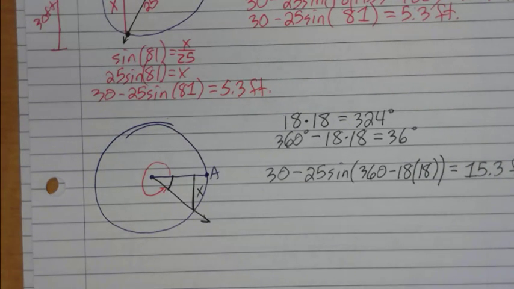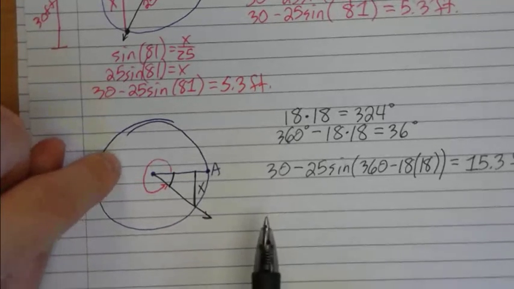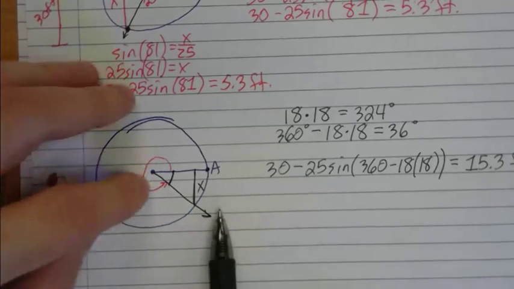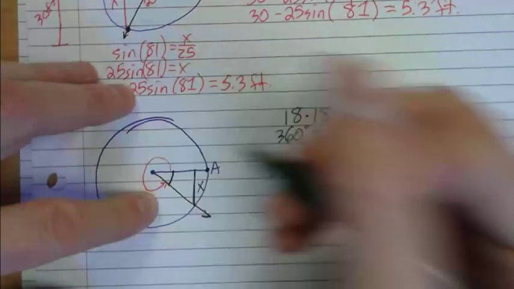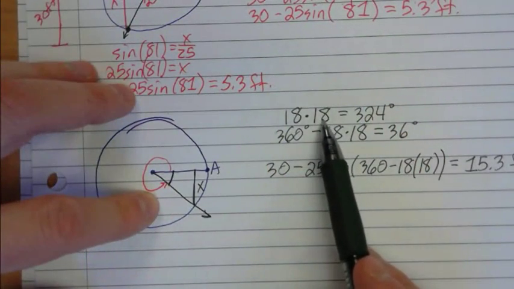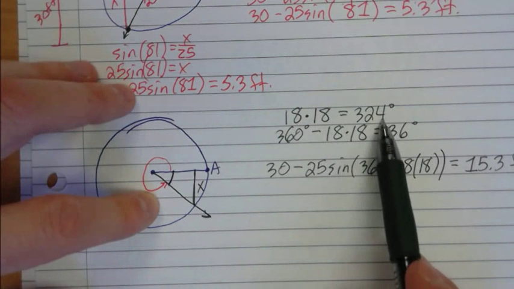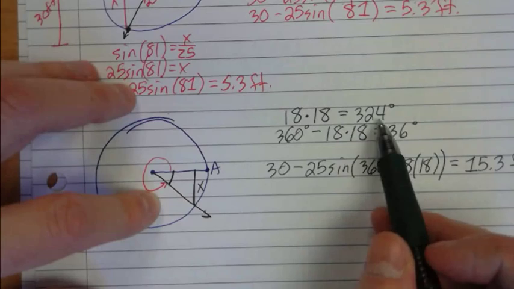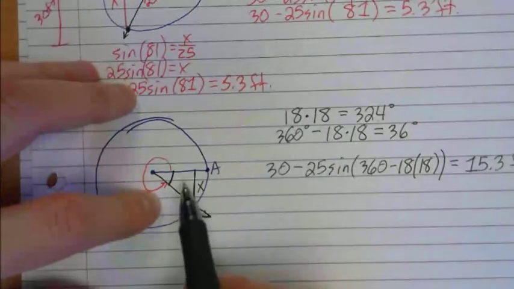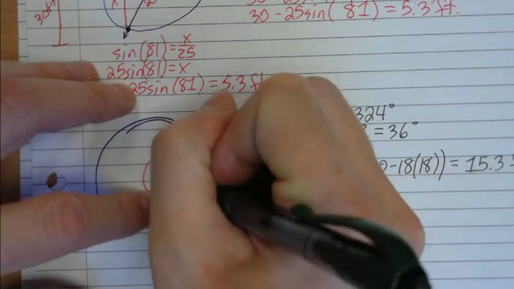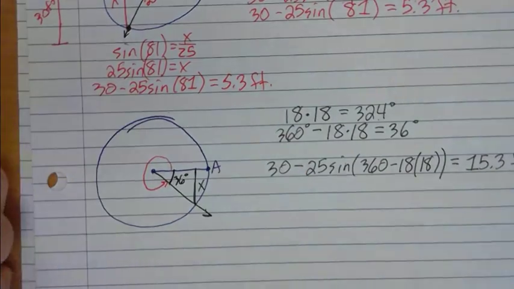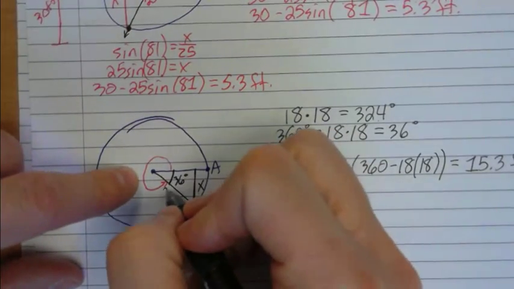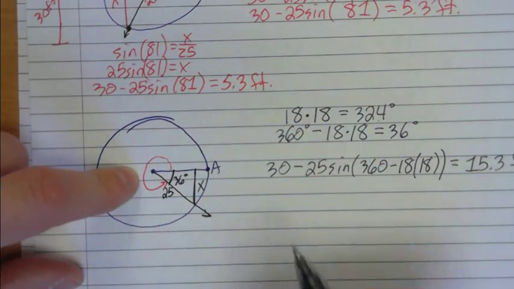So that kind of concludes our video right there. And just remember that when we were doing 18 seconds, we got all the way around. So we'd have a total of 324 degrees. And so if you kind of think about it, there'd be 36 degrees left. And that's how we knew that this angle right there was 36 degrees. And then we were solving for x in the same way we've been doing so far.